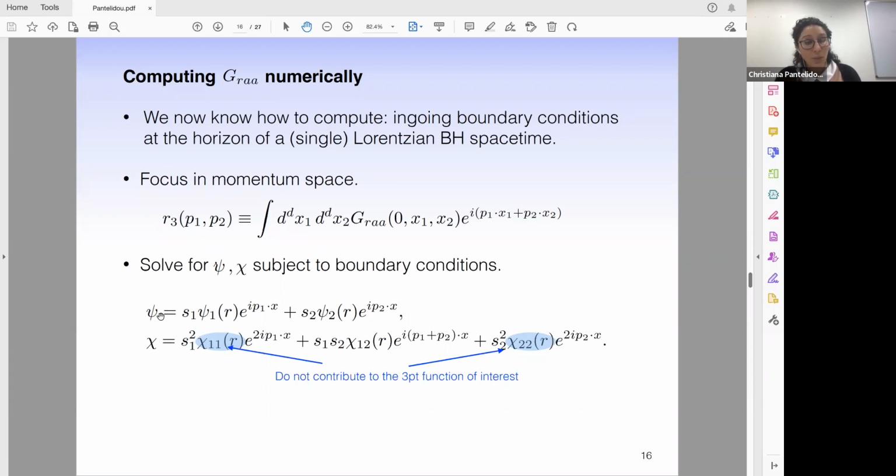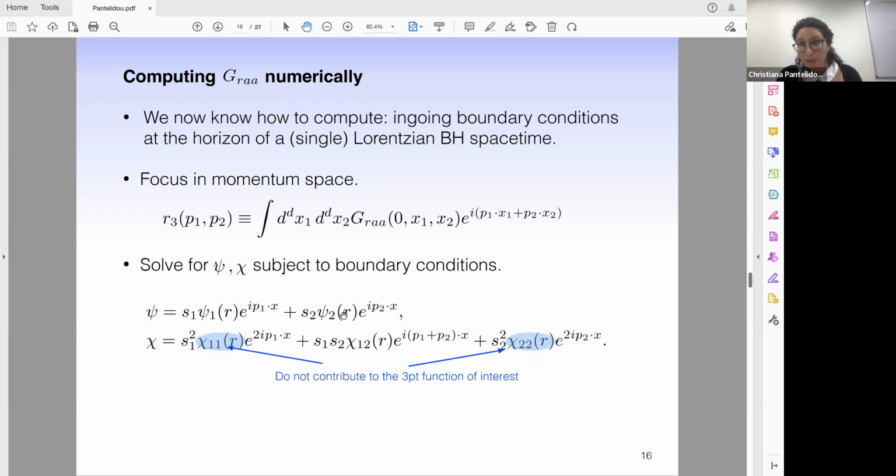In particular, we take our scalar field psi and decompose it in plane waves. We have one mode with momentum P1, we call that psi1. And then we have another mode, psi2, which has momentum P2. Here I also explicitly include S1 and S2 as the amplitudes of the two modes, just for later convenience.